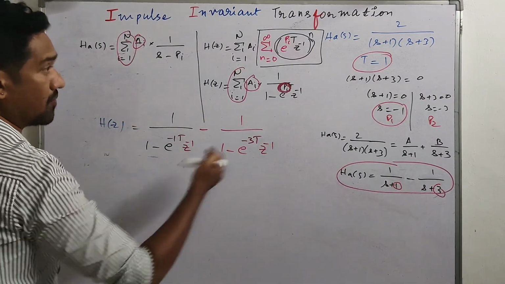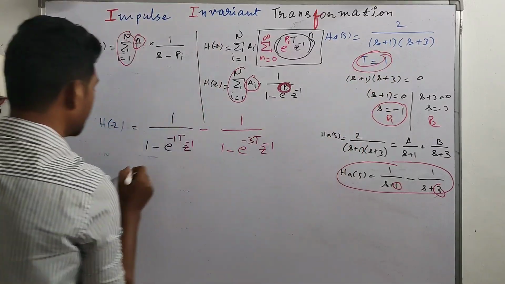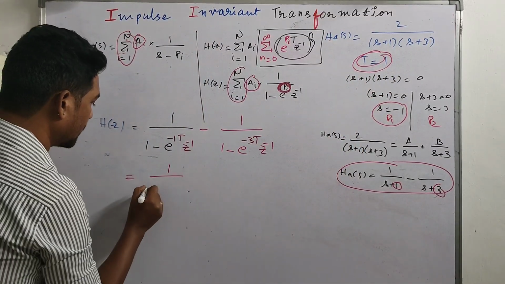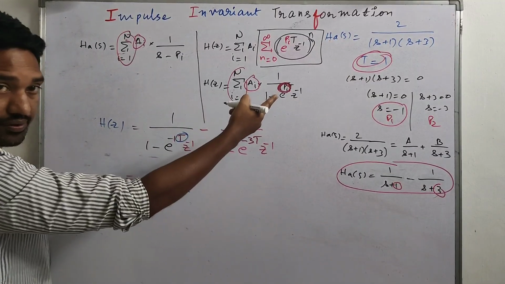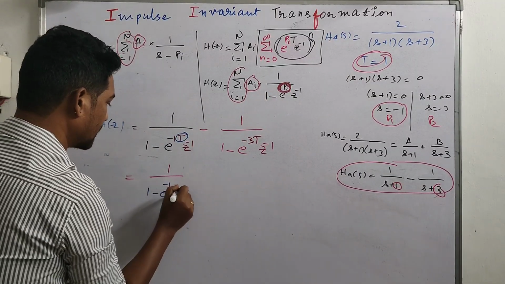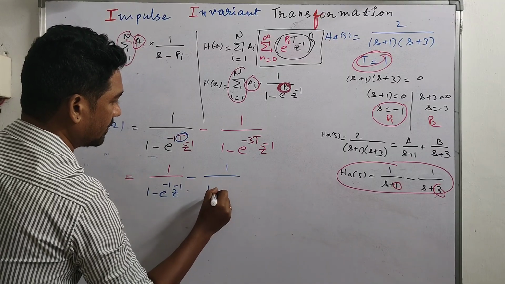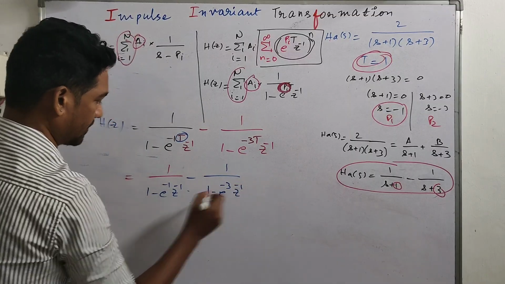And what did he ask for? The final digital filter H of z for t equal to 1. So this takes the form 1 upon 1 minus e raised to minus 1, with the sampling period t being 1, z raised to minus 1, minus 1 upon 1 minus e raised to minus 3, t is 1, z raised to minus 1.